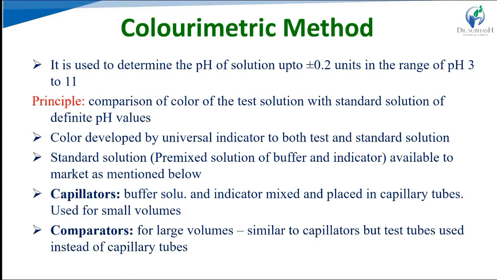The basic principle behind this method lies in developing a color in the sample with the addition of an indicator dye, and comparing the color of the solution of unknown concentration with the intensity of solutions of known concentration or pH. So the concentration of the unknown solution can be determined, by comparing the color of the test solution with the standard solution of definite pH.